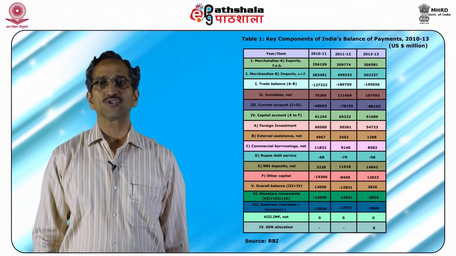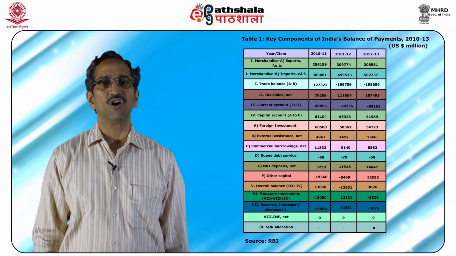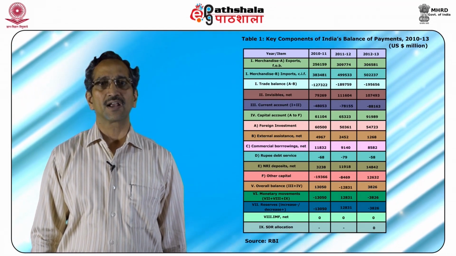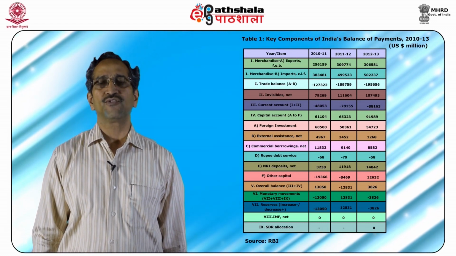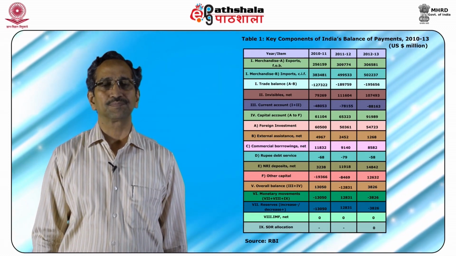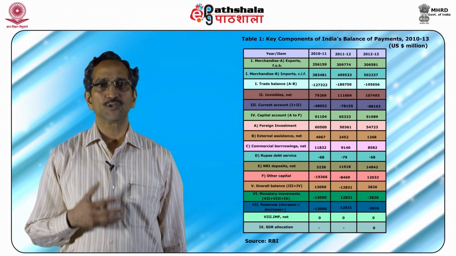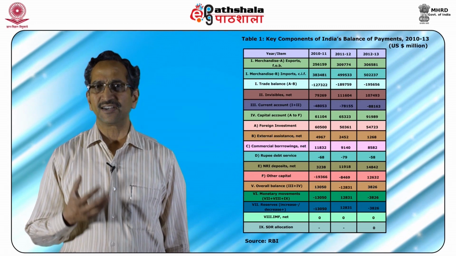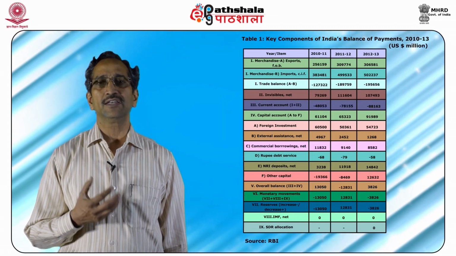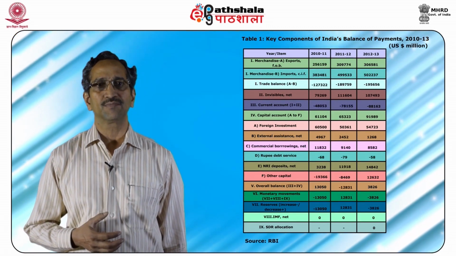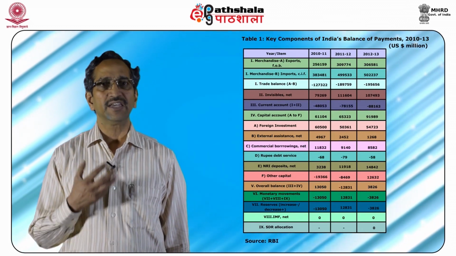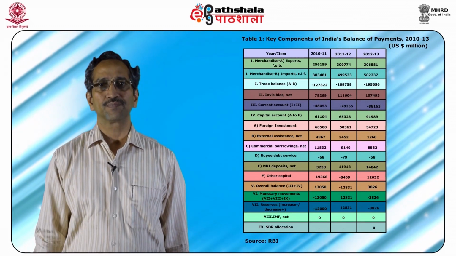The overall balance of payments is the sum of current and capital account, which is item 5 in our table. As we can see from this table, it is positive in the year 2010-11 and in year 2012-13, while it is negative in year 2011-12.